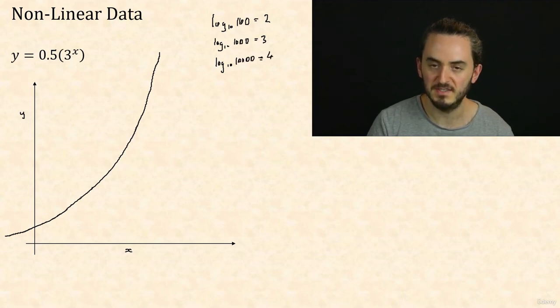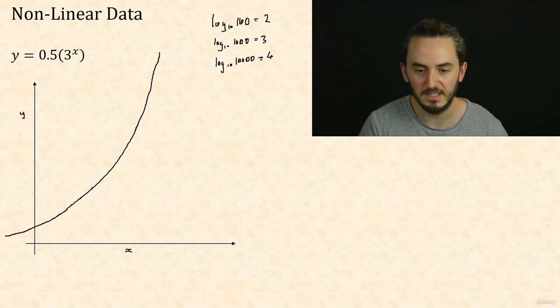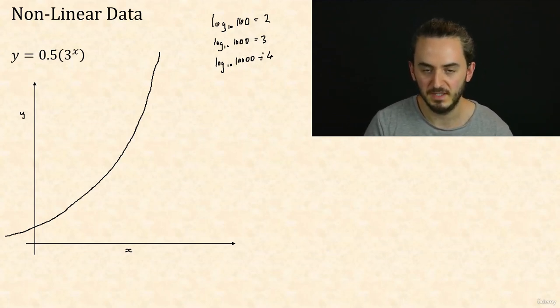It basically tells you how many zeros you've got at the end of your number, and it almost tells you how many digits. So if you've got log base 10 of something and it's 6, you know it was around a 6 or 7-digit number. That's the clever thing about logs, log base 10.